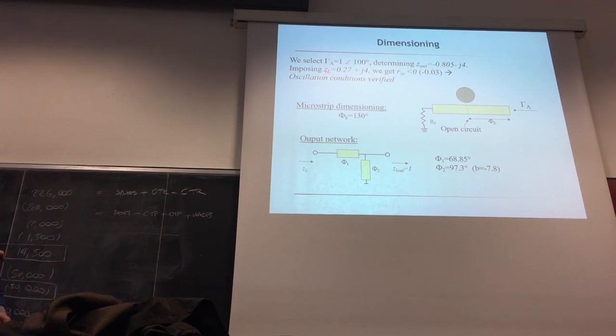Then we have imposed the usual rule that the real part of ZL is about 1/3 of this, and the imaginary part is equal and opposite.